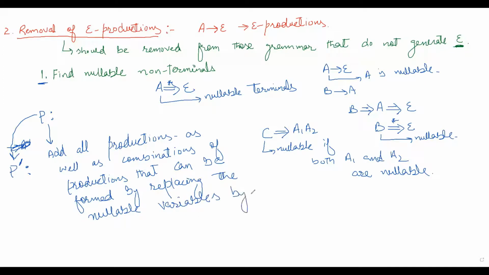I will make you understand this. Okay. And also remember, we should not add any A gives epsilon production. Okay. So let me make you understand what I am saying here.